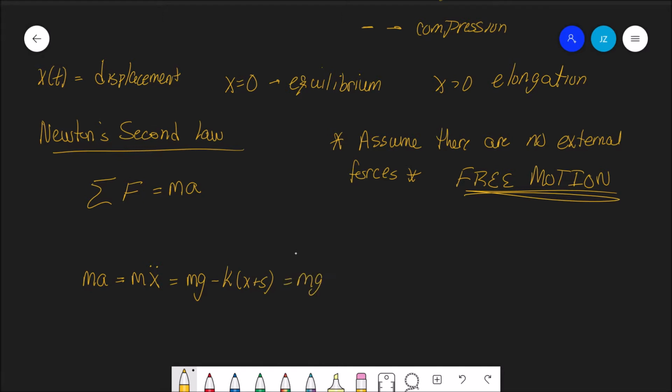So we have mg minus kx minus ks. But mg minus ks is equal to 0. And so we're left with negative kx.